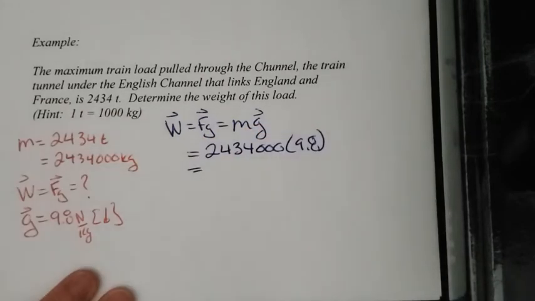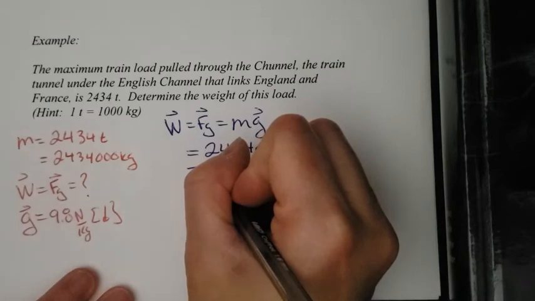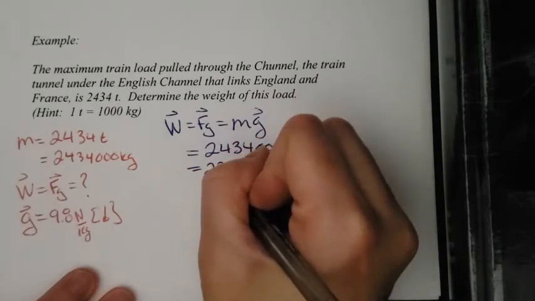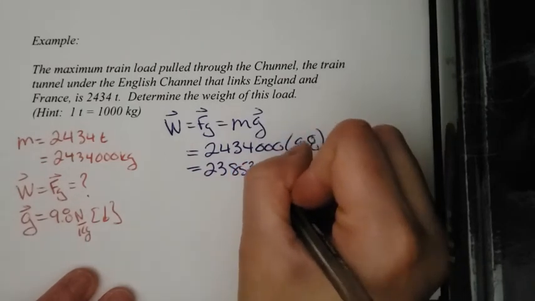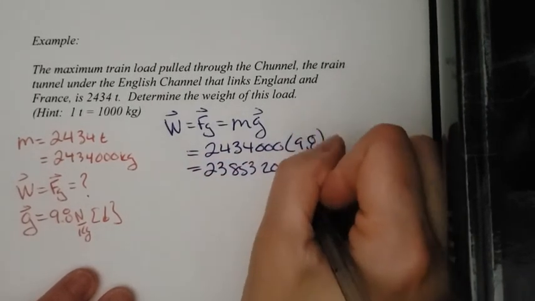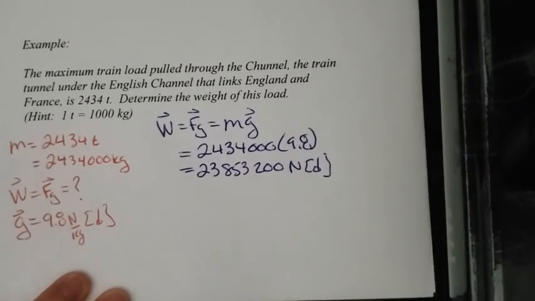And when I put that into my calculator, I end up with 23,853,200. Weight is the force of gravity, is measured in newtons, and it's always being pulled down towards the center of the Earth.